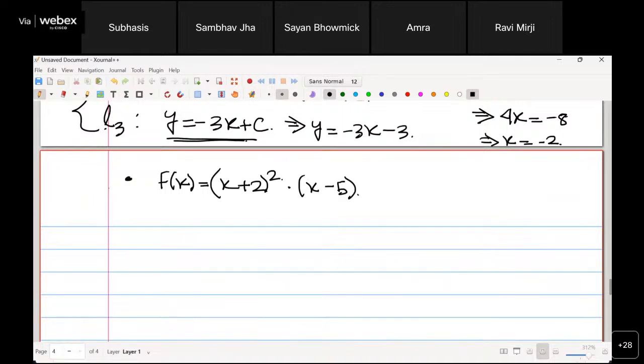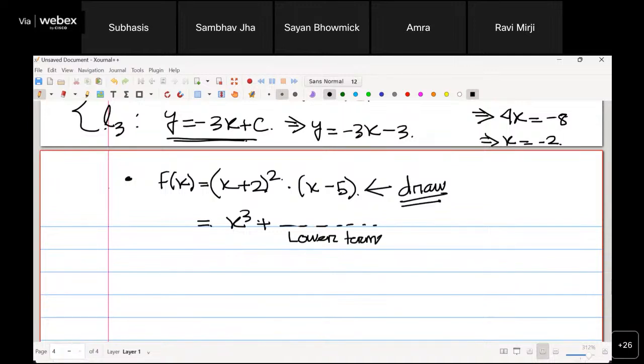My aim is to draw this graph. If I multiply this out, I will get x cube and some lower terms. And to draw the graph, I don't need these lower terms.